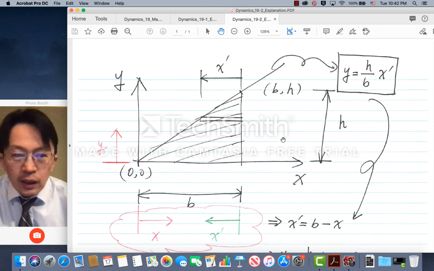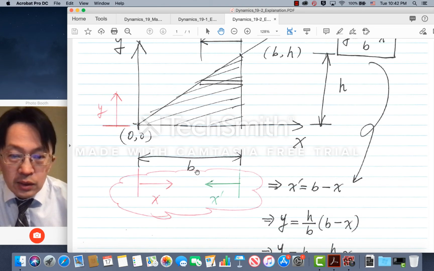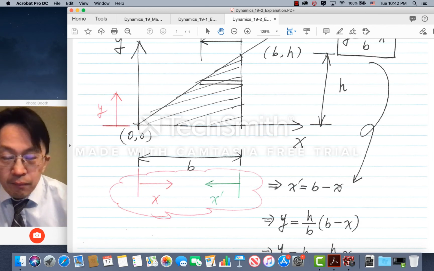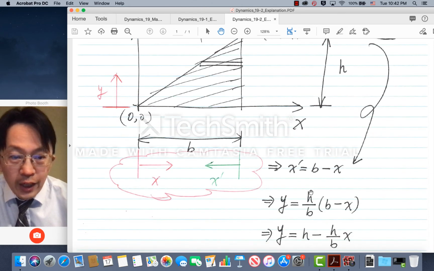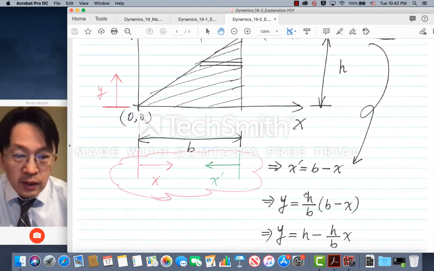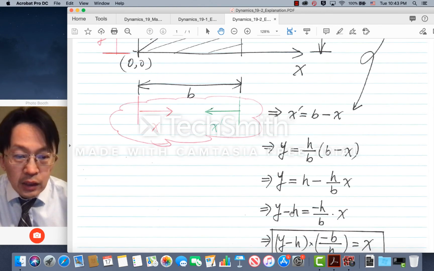So we have to figure out how to convert x prime to x. And this conversion is very simple because the summation of x prime and x equals the total length b. Therefore, x prime can be written as b minus x. And if you substitute x prime into this expression, we have y equals h over b times b minus x. And then this can be written as y minus h equals negative h over b times x.